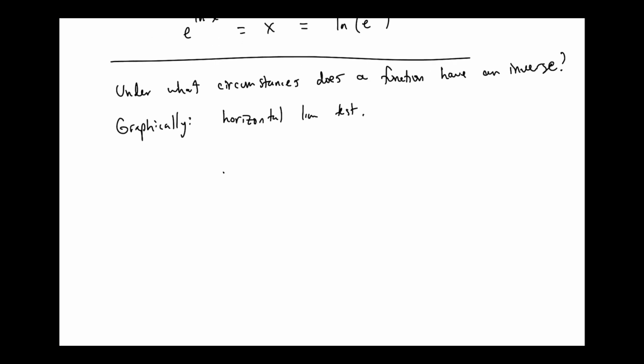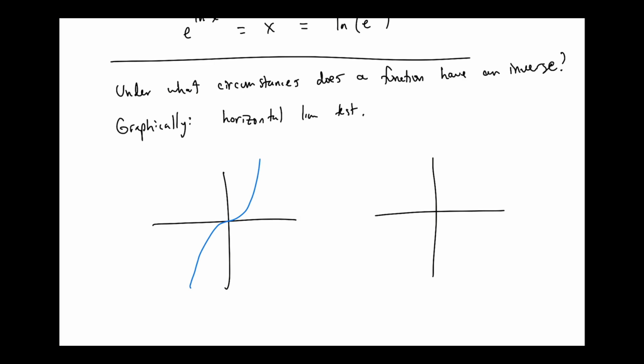Let me draw two examples, one that passes and one that doesn't. As my first example, I'll do y equals x cubed. And as my second example, I'll do y equals x squared.